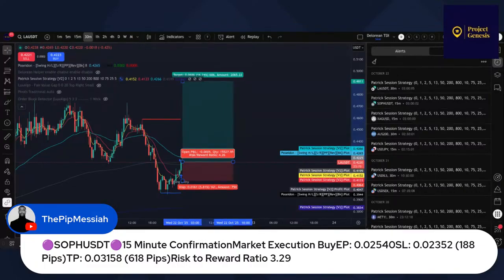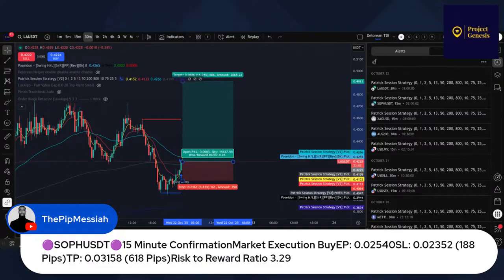Entry price is 42.25. Stop loss is 40.64. This is a 30-minute confirmation.